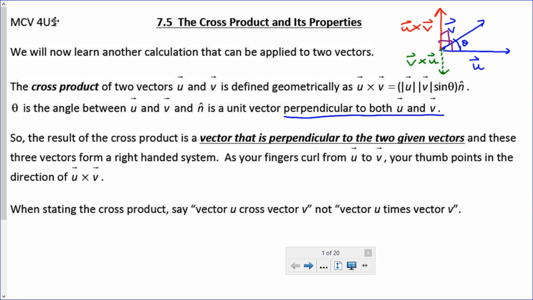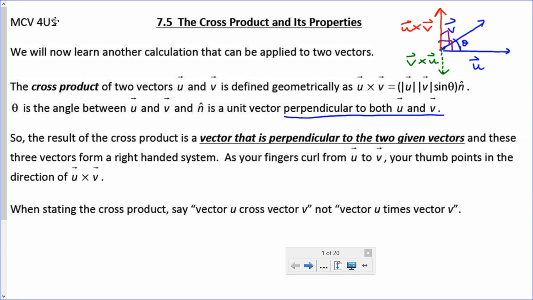We also learned that the direction of the vector depends on the order in which you put the cross. So if you have u crossed with v, you take your right hand, you line your right hand up with the first vector, in this case u, and you want your fingers to curl towards vector v. If I line up my right hand with vector u, my pinky would be lying along vector u, and because my fingers are curling towards vector v, look at where my thumb is pointing, guys.